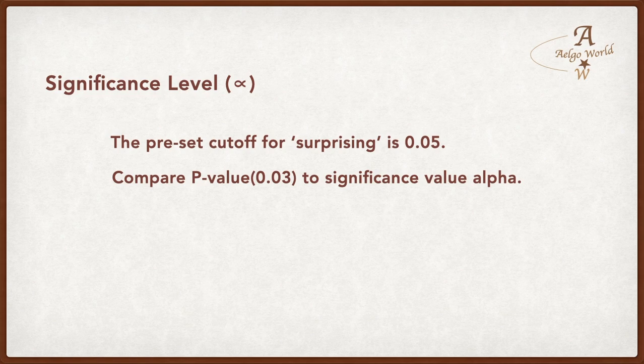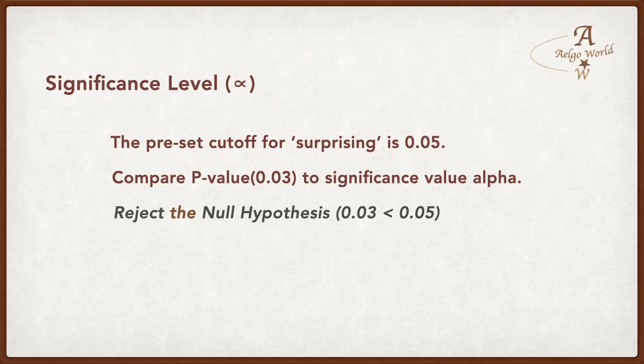Because we cleared that bar, we get to make an official scientific statement. It sounds a little dramatic, but we get to reject the null hypothesis. In normal English, we're throwing out that skeptical idea that the new method did nothing. We have enough evidence to say that the improvement we saw was the real deal. It was a fact, not a fluke. Mystery solved.